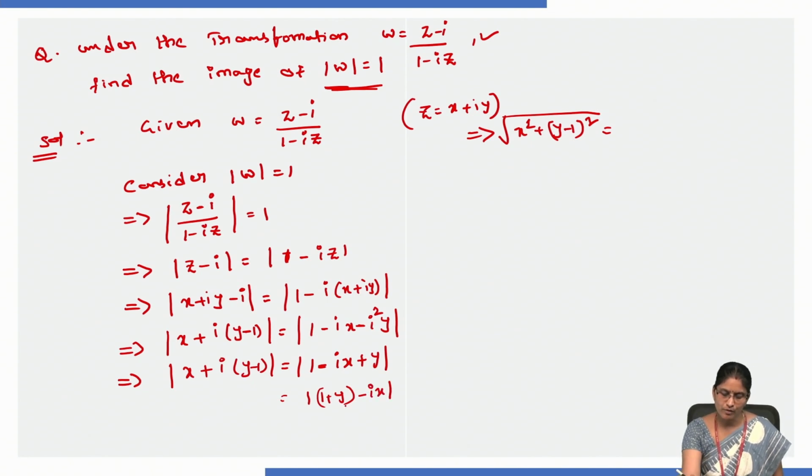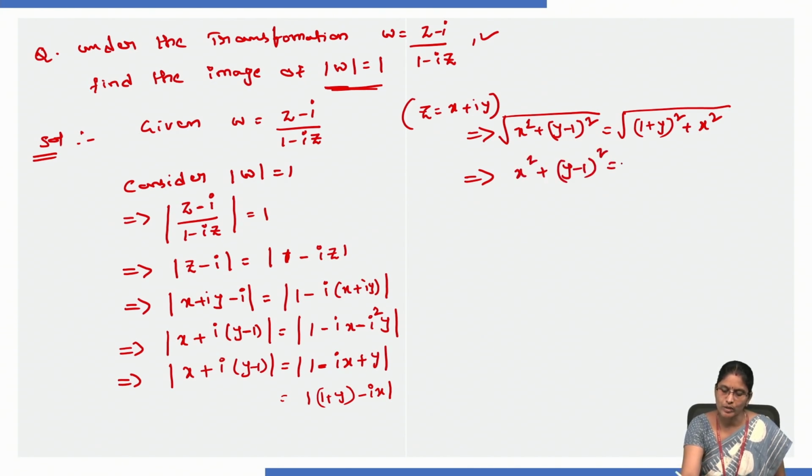So the modulus of (1 plus y) minus ix is root over (1 plus y) whole square plus x square. Then here square root is there and here square root is there. Then cancel these two, we get x square plus (y minus 1) whole square is equal to (1 plus y) whole square plus x square.